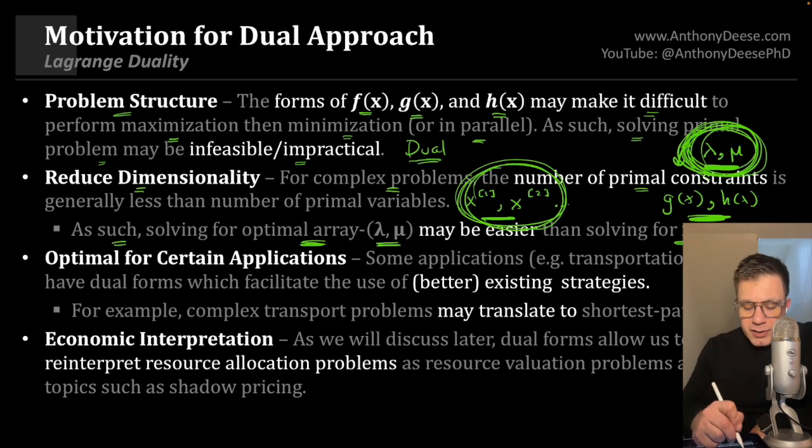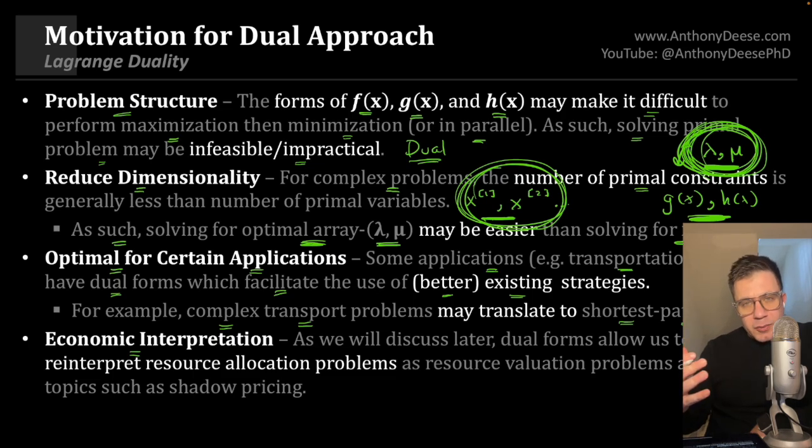Now, another motivation is that the dual approach may be optimal for certain applications. Some applications, for example, transportation problems, have dual forms which facilitate the use of better, existing strategies. For example, a complex transportation problem may translate to a shortest path problem. Another potential motivation would be the potential for economic interpretations.